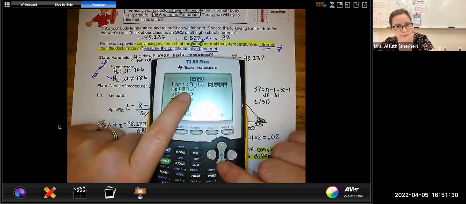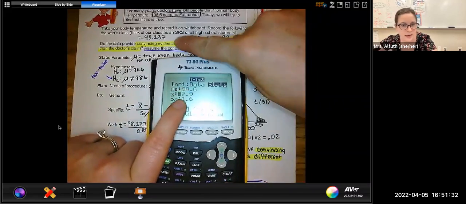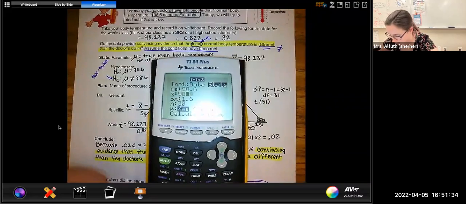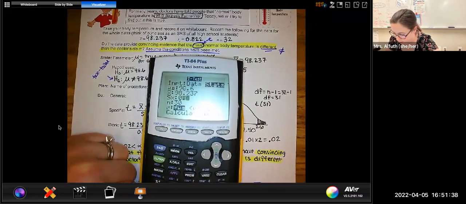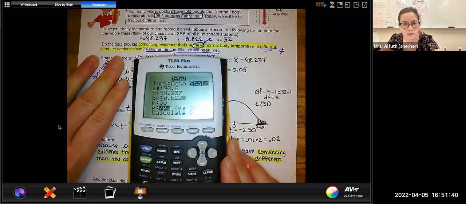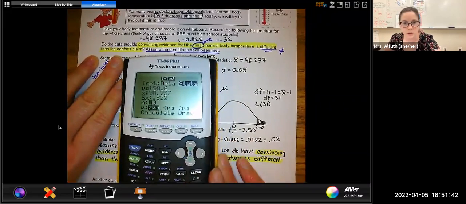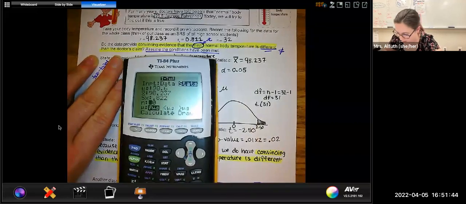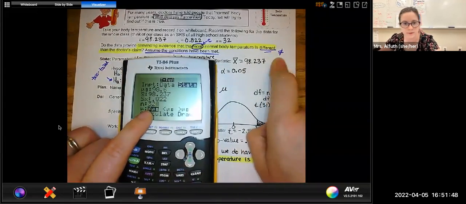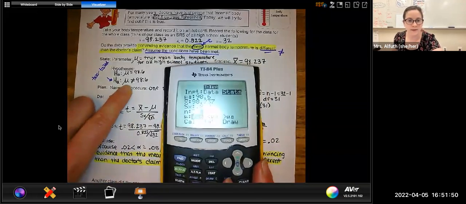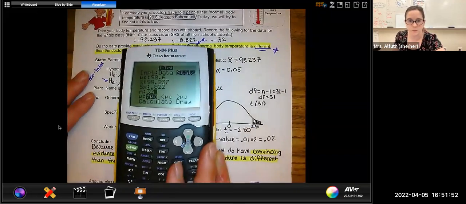So still 98.6. Now let's use this 98.237. The standard deviation of 0.822. Our N was 32, and we're still not equal to, right? Because it was still different. So our null hypothesis was still a not equal to.